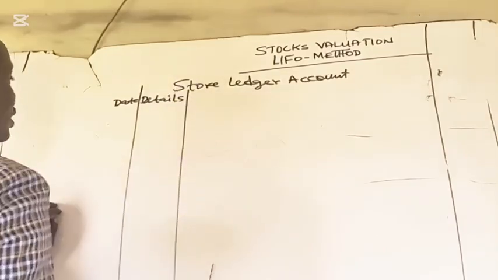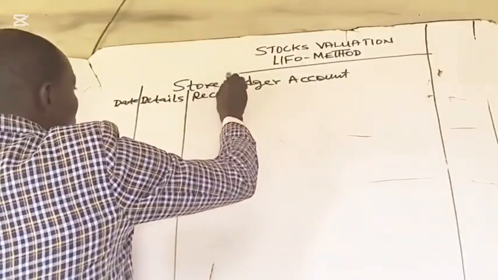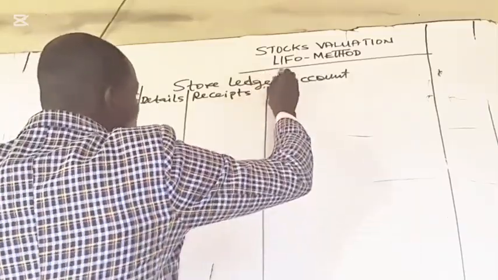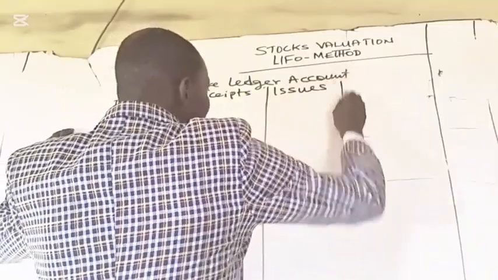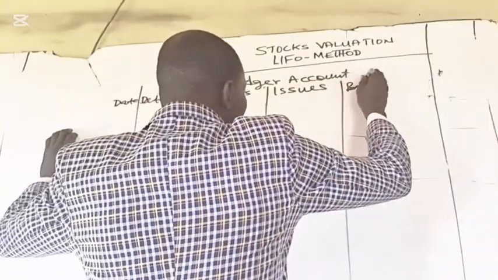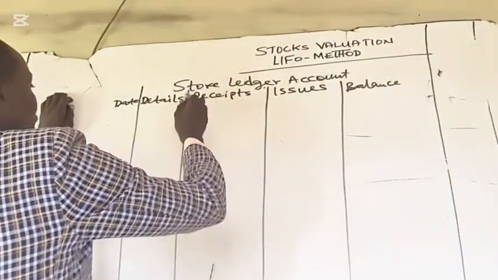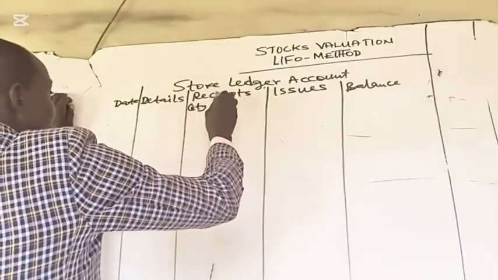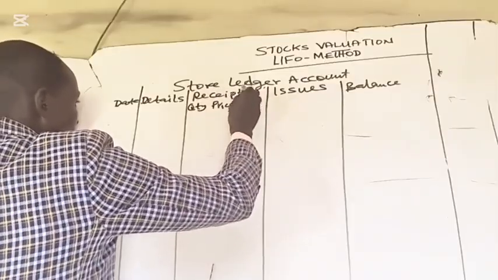After this, you have a column for receipts, another column for issues, and another column for balance. Under the receipts, you divide it into three: the quantity, the price, and the amount or value, or you may put total.